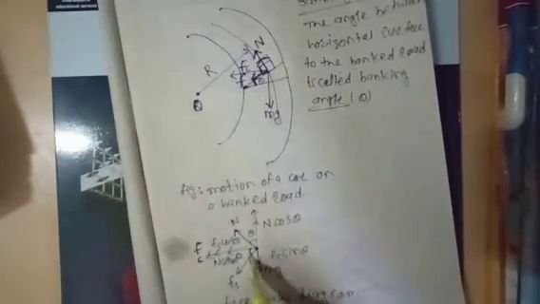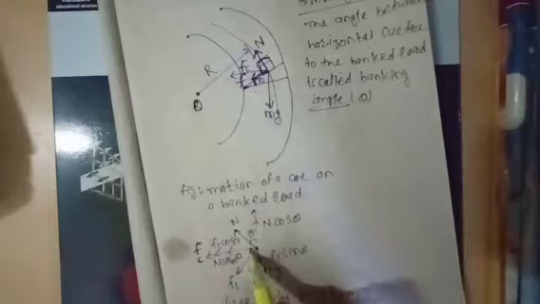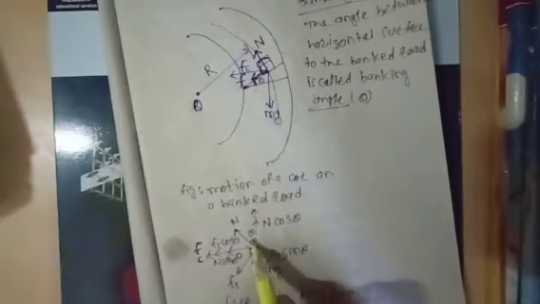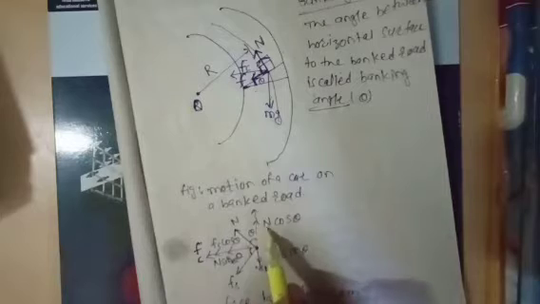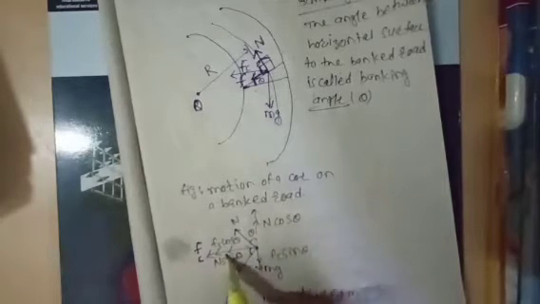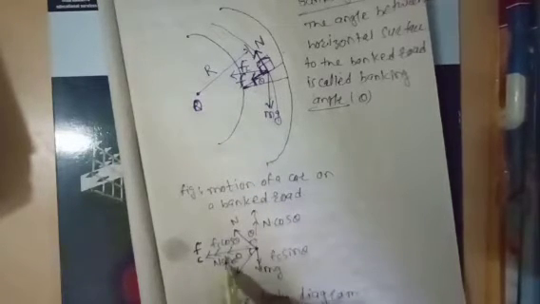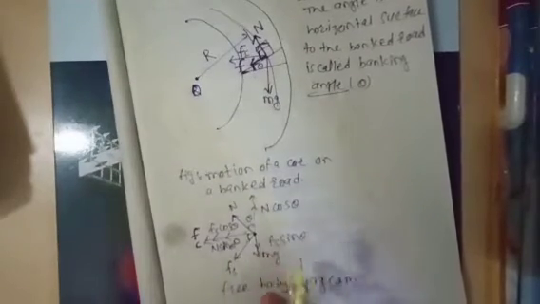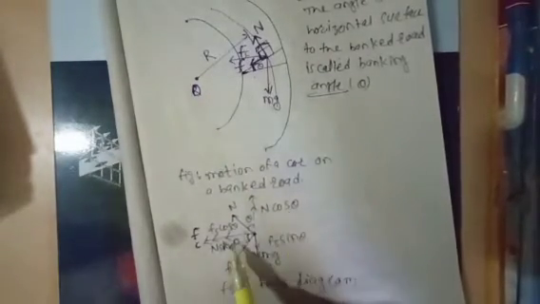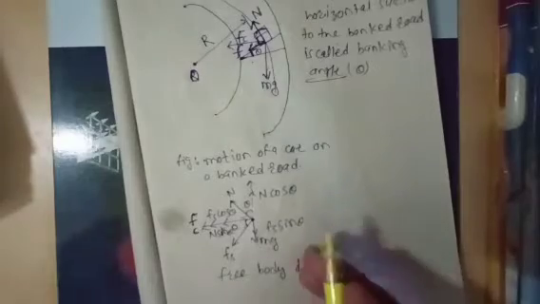See here, this angle is theta. This total angle is 90, so this is a common angle. N is resolved along the vertical direction as N cos theta, and along the horizontal direction as N sin theta.